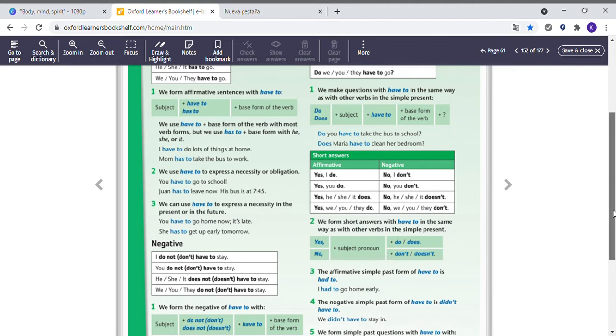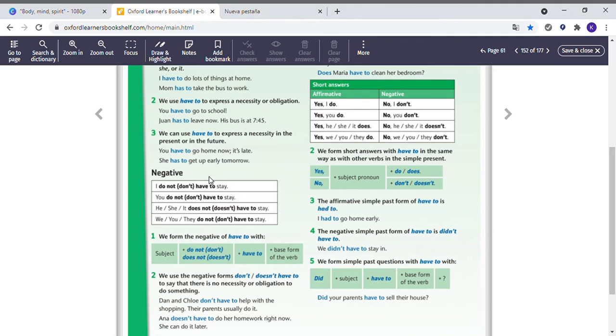Okay? Guys, in the negative part, we have this. It's almost the same, but we are gonna add don't and doesn't. Okay, look at here. With I, you, we, you, and they, we're gonna use this. Do not. And the short form of it is don't.